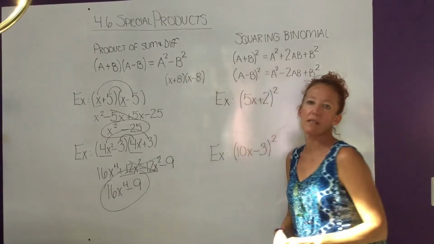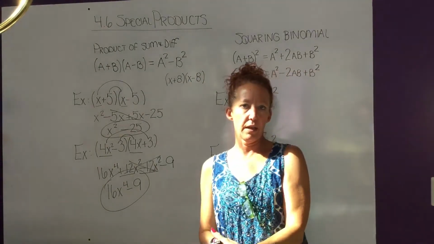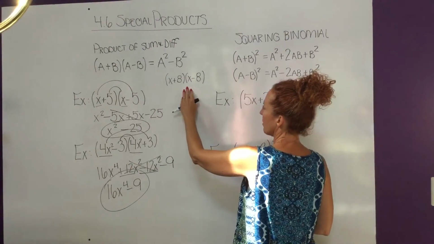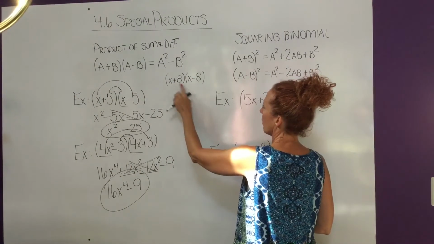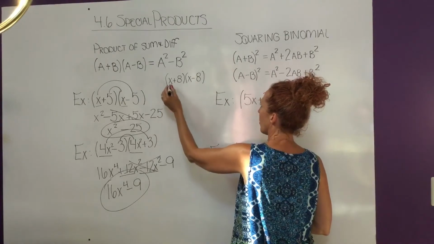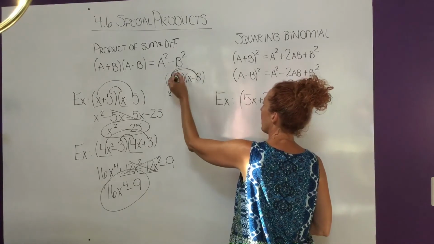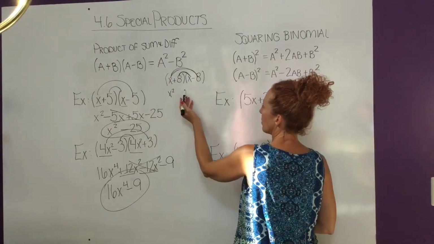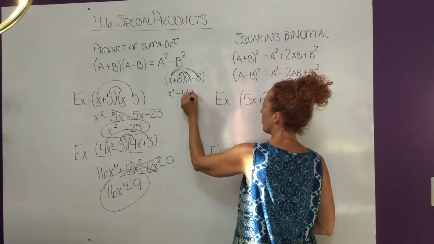What do I mean when I say you'll get to the point where you're confident enough to skip that? Well, maybe you'll look at a problem like this when you're going through your homework, and you'll say, okay, that's a plus 8, that's a minus 8. I know those middle terms are going to drop out because that's going to give me a negative 8, and that's going to give me a positive 8x. And so maybe you'll just jump straight to there.